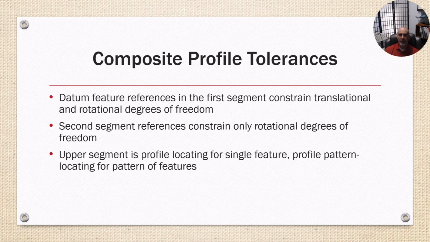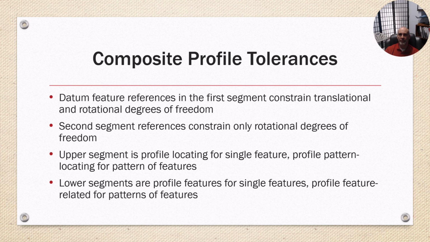And the upper segment is a profile locating for a single feature, profile pattern locating for pattern features. And the lower segment is profile features for single features, profile features, and patterns of the feature. So the upper segment is going to locate the shape, and the lower segment is going to control the actual features of their size. Okay, it's very similar to how position works.